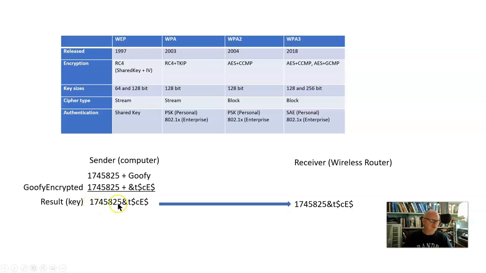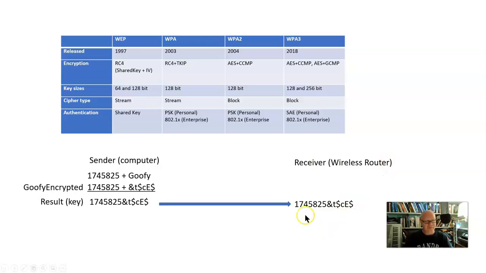This was not encrypted, it was not changed. It was sent right across the wire as it is. Here's the IV, 1745825, and then the encrypted key here called goofy. And then this, of course, would be used to decrypt the message on the other side by the wireless router.